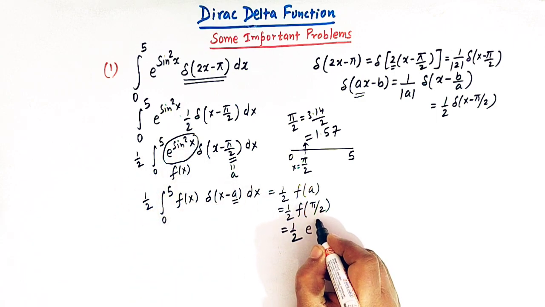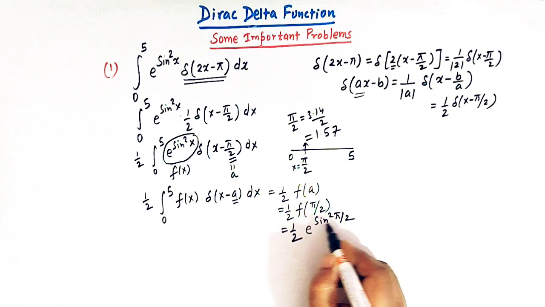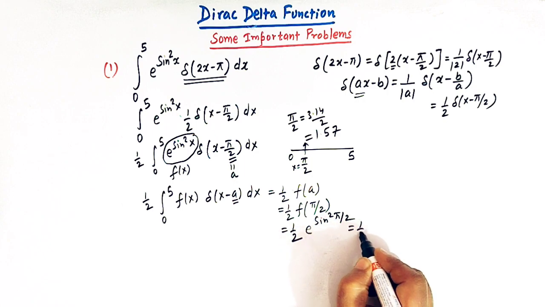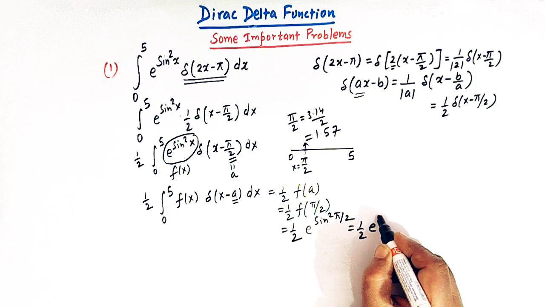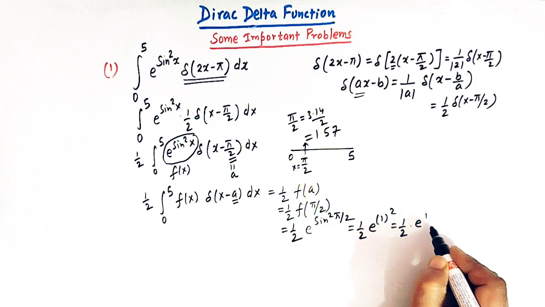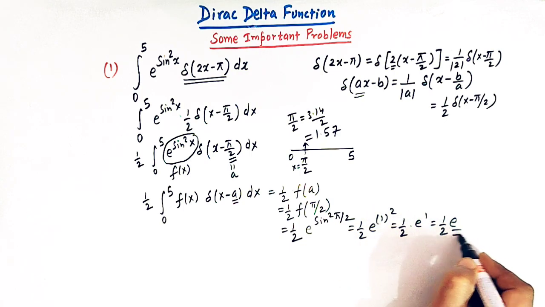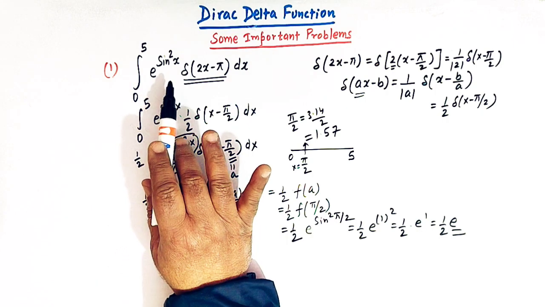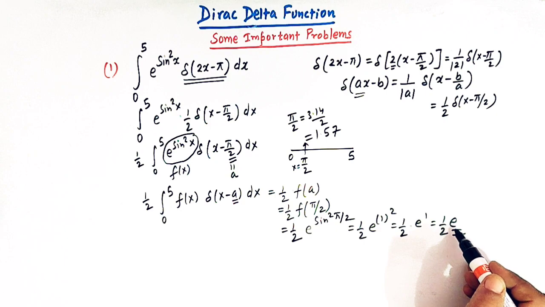So we have e raised to sine square pi by 2, and sine pi by 2, that is sine 90 degrees, is 1. So we have 1 square, and half times e raised to 1 is 1 over 2 times e. So the value of this integral is 1 over 2 times e.